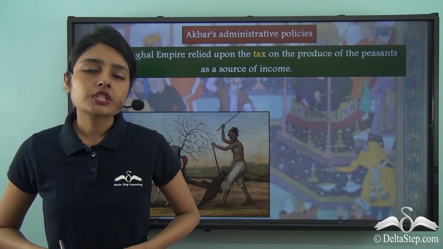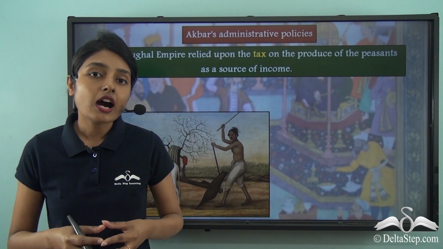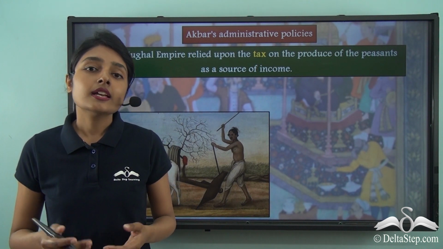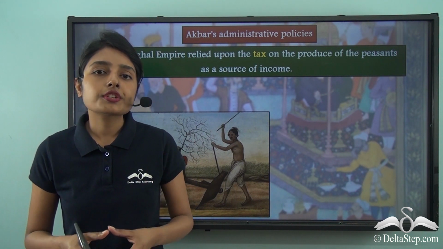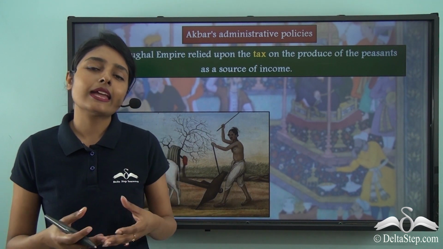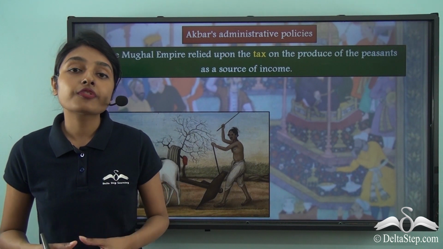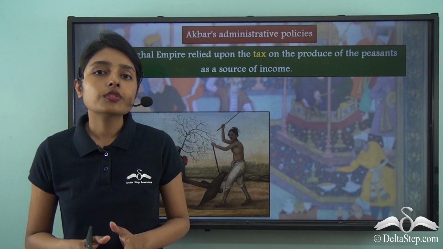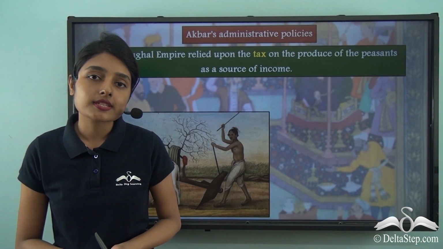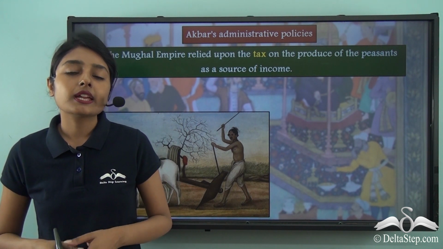A very important question that we need to address in this regard is how did Akbar maintain such a huge empire? Because in order to make any state, any empire, any monarchy function, huge amounts of resources and wealth are required. And without a huge amount of wealth and resources, efficient administration can never be ensured.